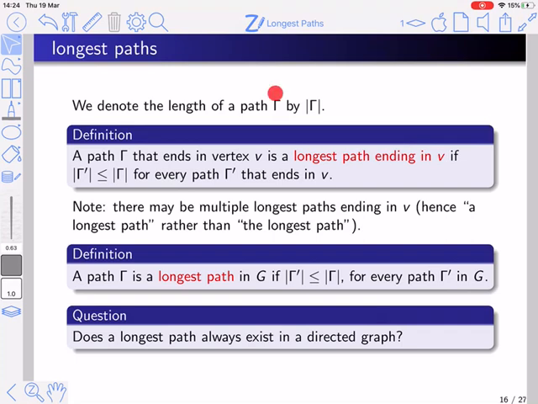Given a path gamma, we denote the length of gamma by the absolute value of gamma. Namely, the absolute value of gamma is the number of edges along gamma.